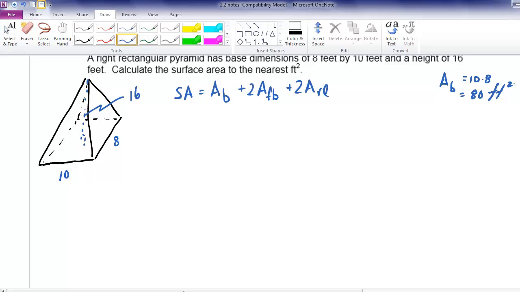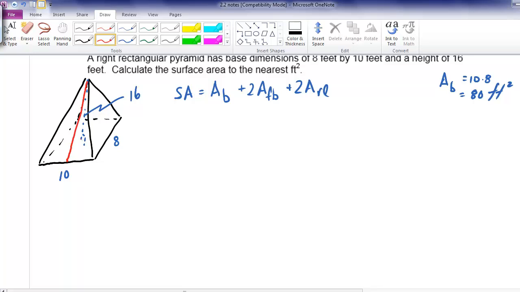The triangular faces are a little bit more challenging, because in order to figure out the area of one particular face, say this one right here, and the one on the back, I have to know how long that red line is. And I hope you realize right now that that line has to be bigger than 16, because 16 is perpendicular and this is slanted.